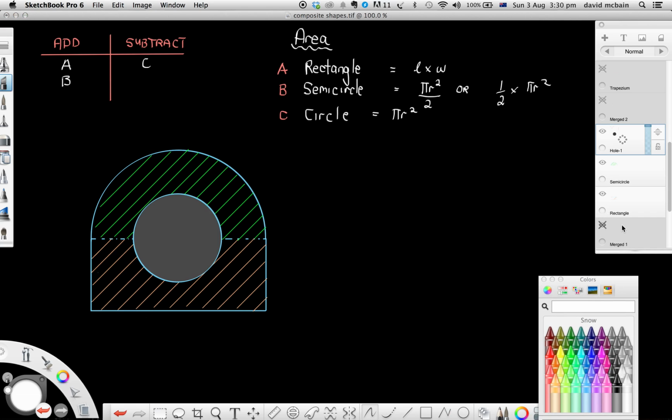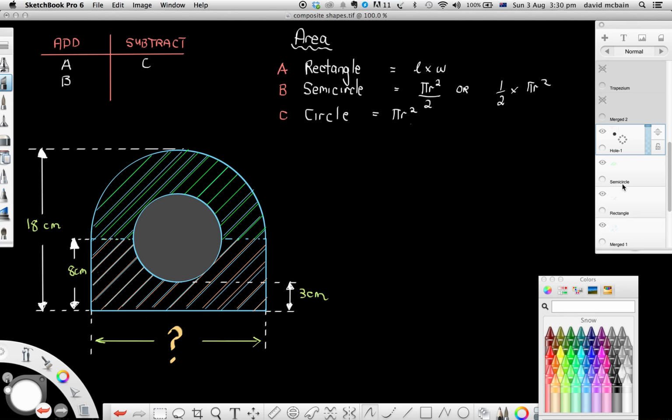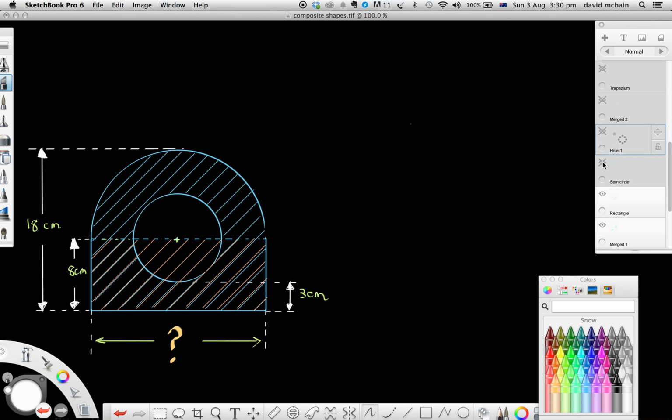Now, before we can do that, of course, we need some dimensions. So there they are. And let's have a look what we've got here.